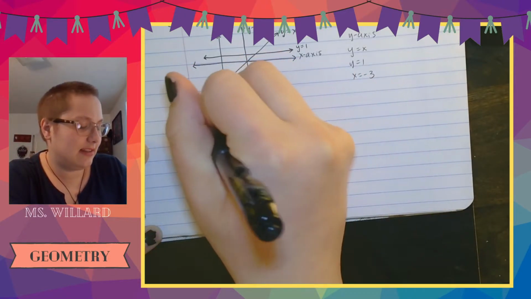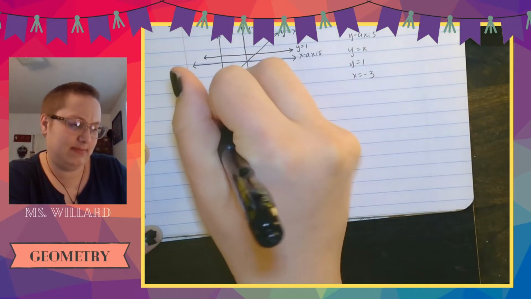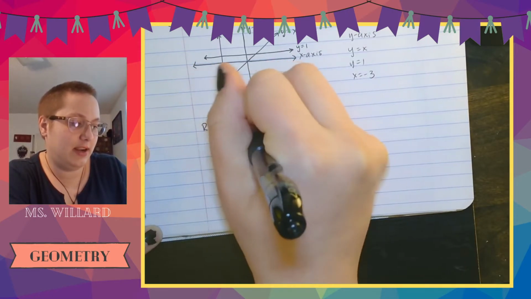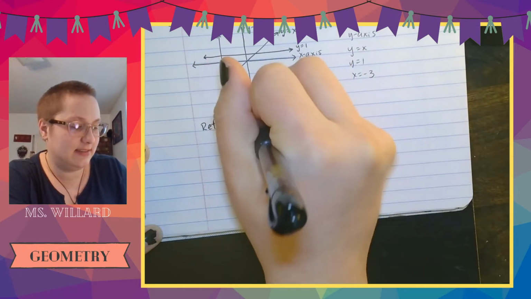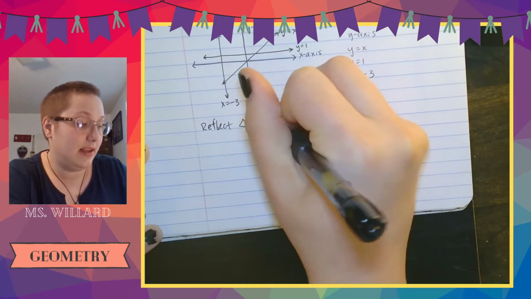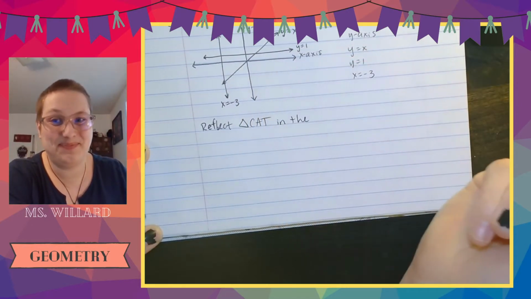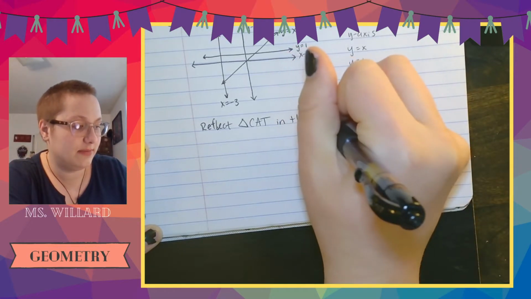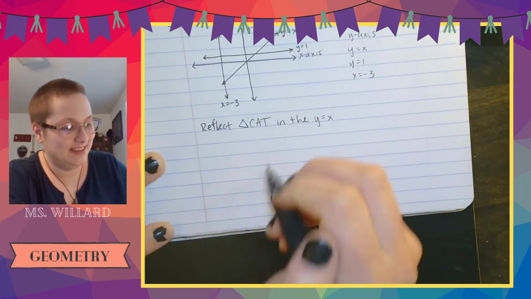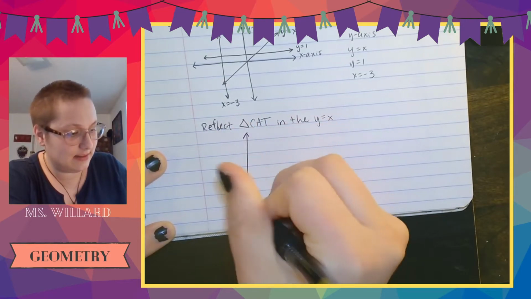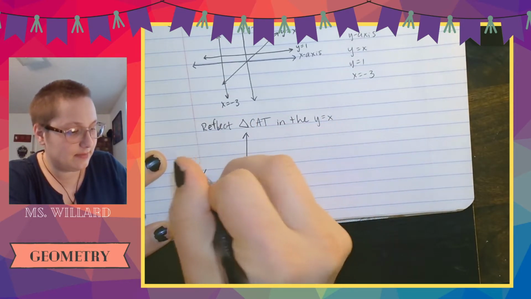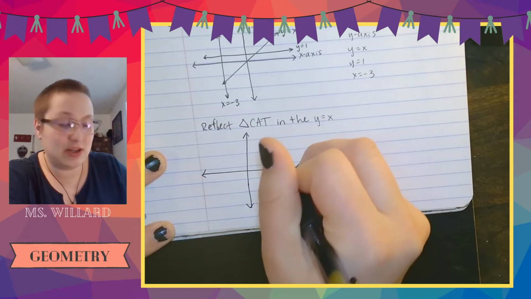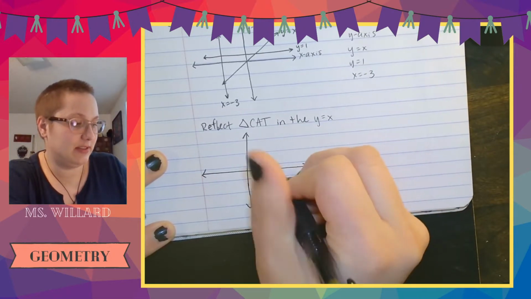Okay, so we're going to say, let's say reflect triangle. Let's not do ABC. Let's do cat. In the, what do we want to call this? What line? Let's do y equals x because it's hard. So I'm going to take this graph and I'm just going to make up a triangle.